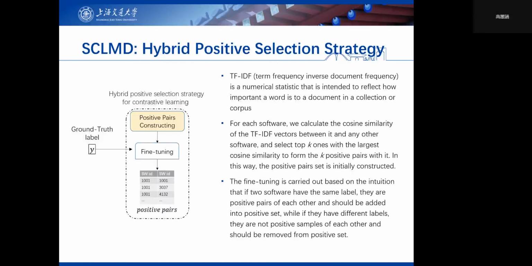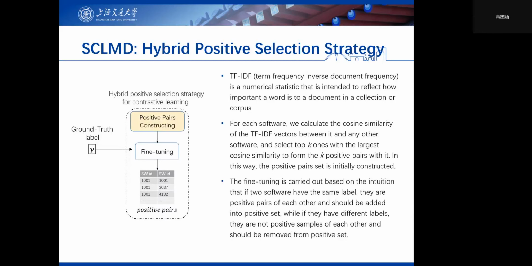It's a numerical statistic that is intended to reflect how important a word is to a document in a collection. By regarding the software as a document and the API as word, the TF-IDF value of each API can measure how important an API is to a software.